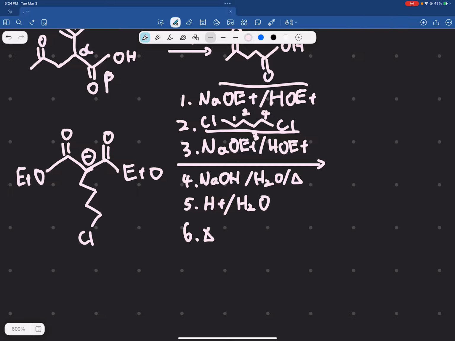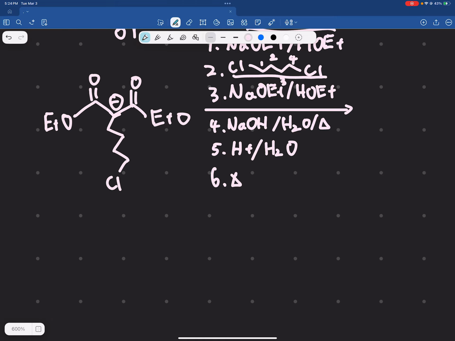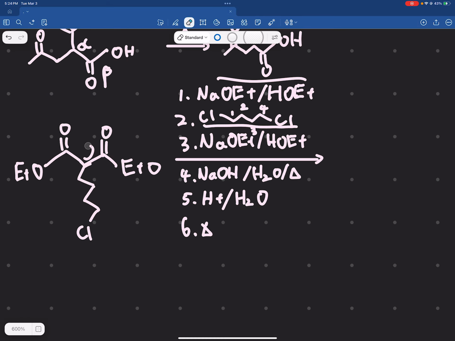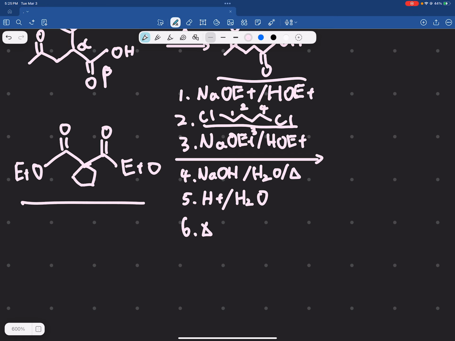And this is going to actually cause a ring formation due to the generation of that negative charge. So this will actually cause the formation of a 5-membered ring due to the negative charge, and the chlorine will be gone. So this is the end result of step 3.